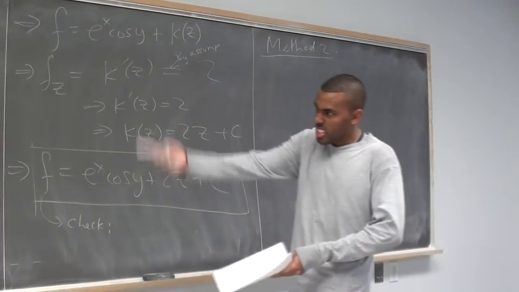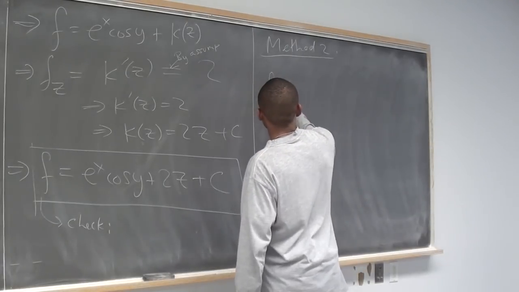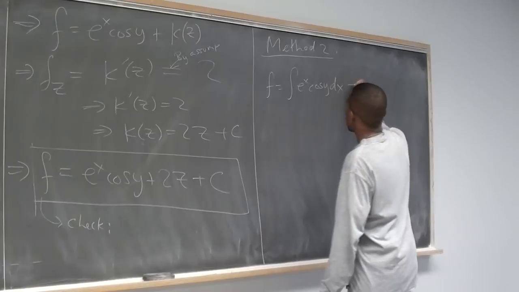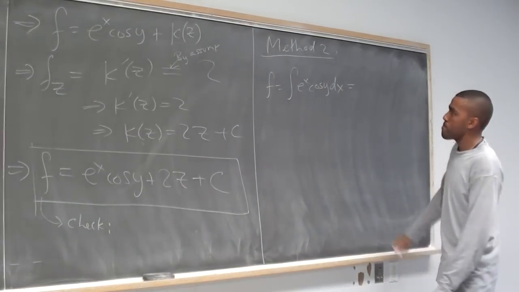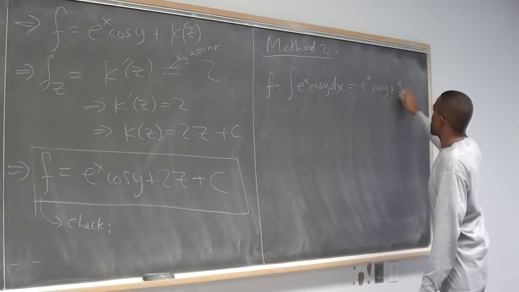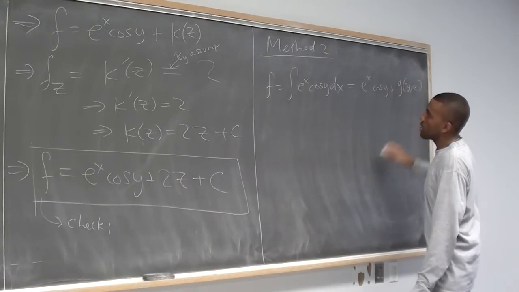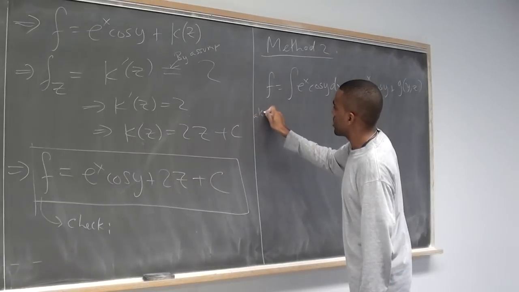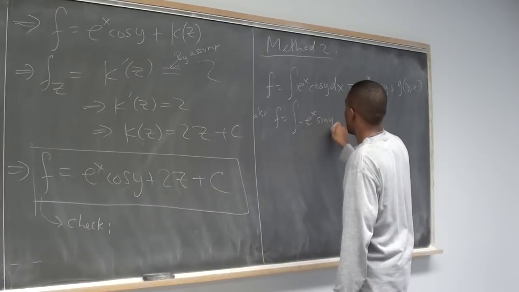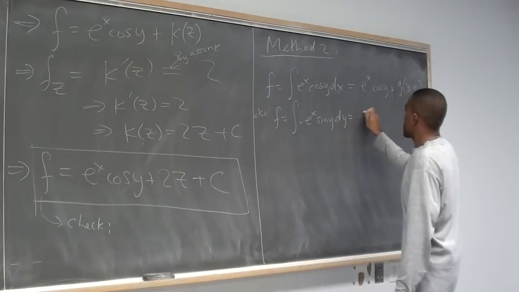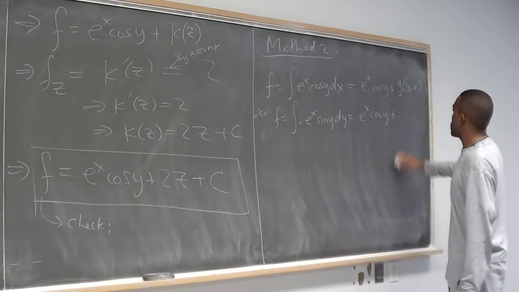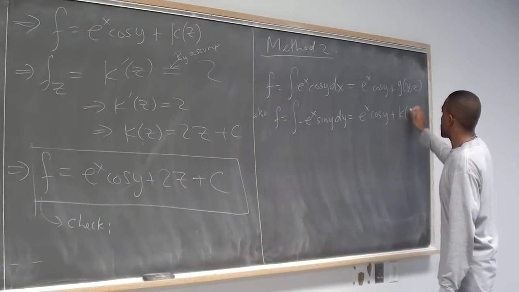What does method 2 say? Well, you just integrate each part, right? We know that f is equal to the integral of e to the x cosine y dx. So I do that, which is just e to the x cosine y plus some constant of y and z. Also, f is equal to the integral of minus e to the x sine y dy. That's just e to the x cosine y plus some other constant of x and z.